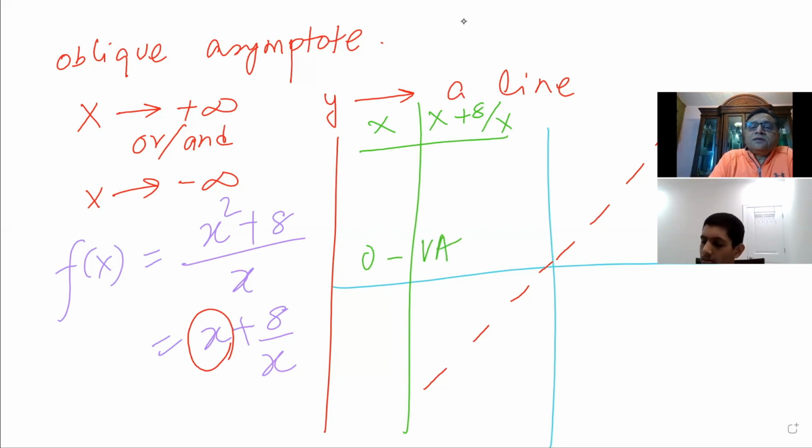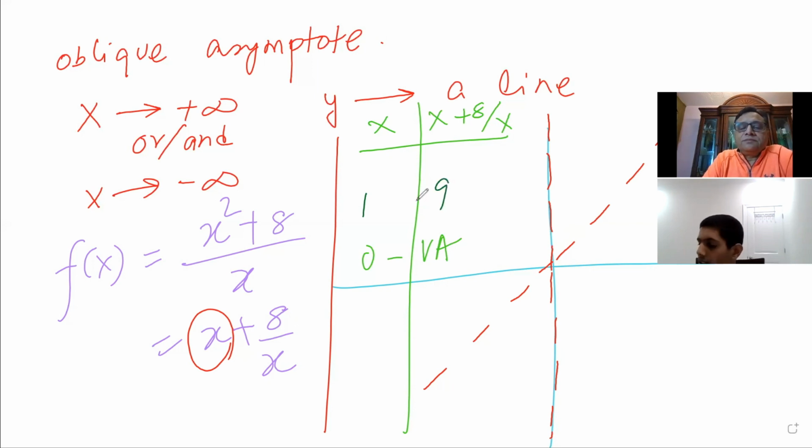At the center, let me draw a vertical asymptote indicating that the graph cannot pass through 0. Is that clear to you? Now let us substitute some values. If I put 1 here, I get 1 plus 8, which is 9.